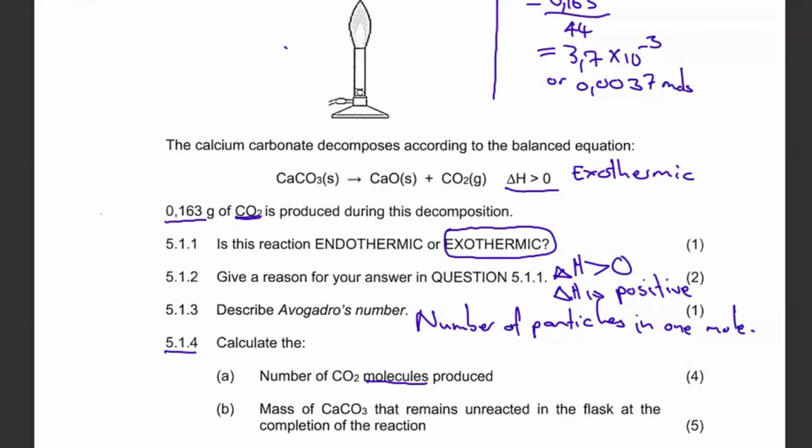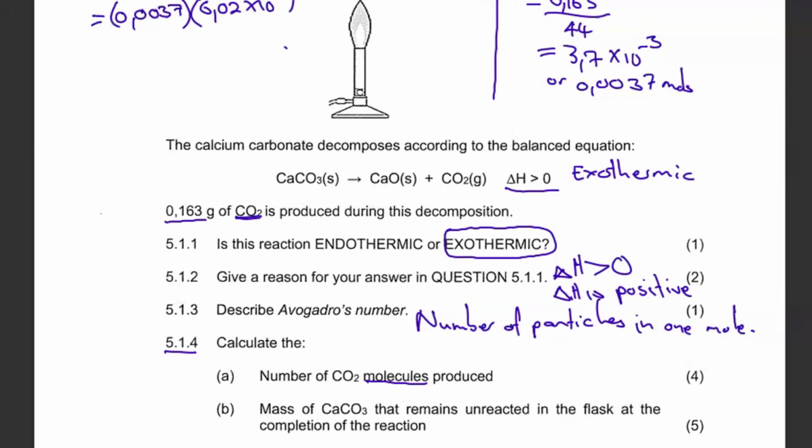n times Na. So N is equivalent to the number of moles that we have here, 0.0037, multiplied by the Avogadro constant, which is 6.02 times 10 to the power of 23.